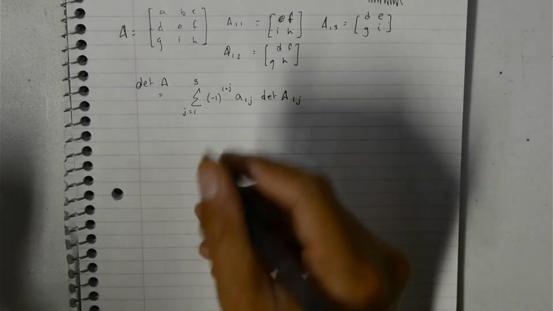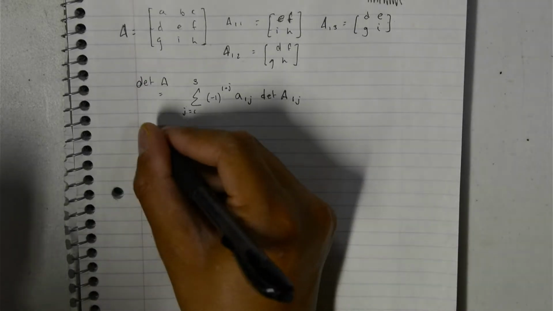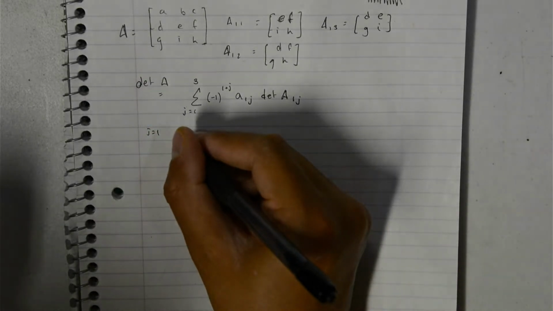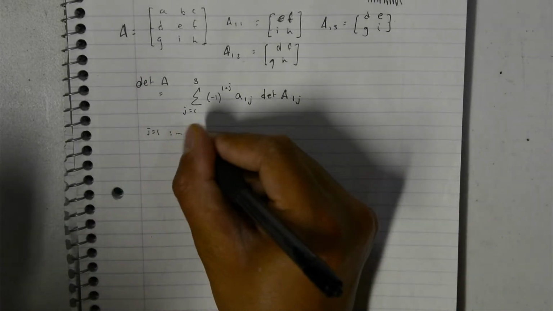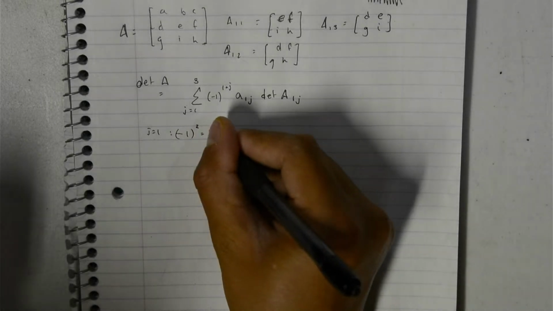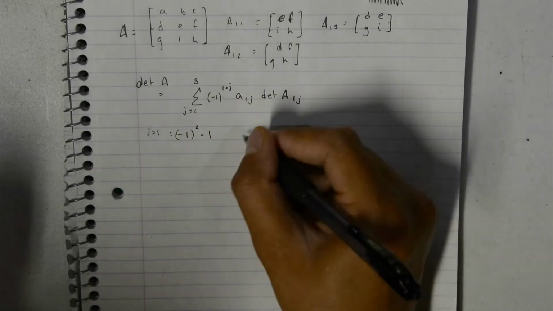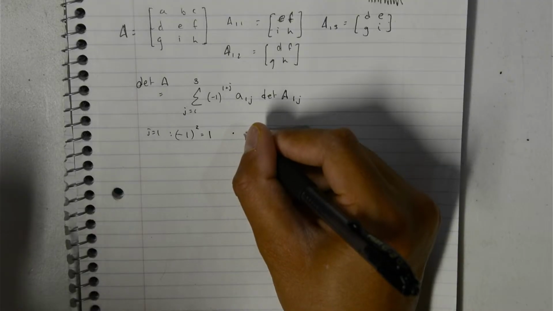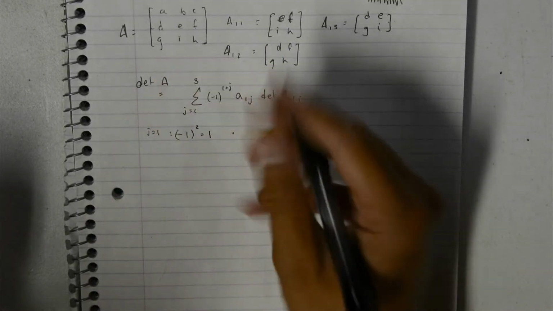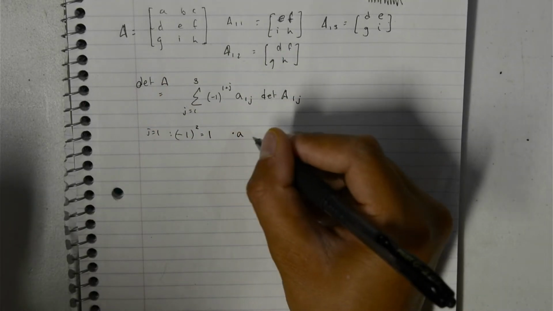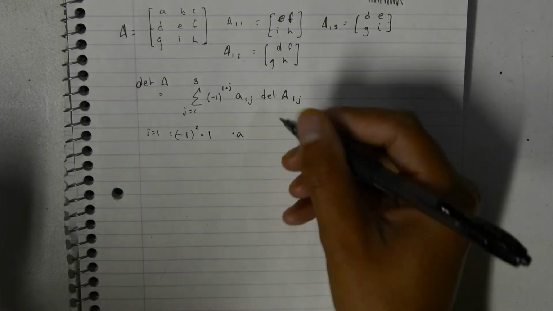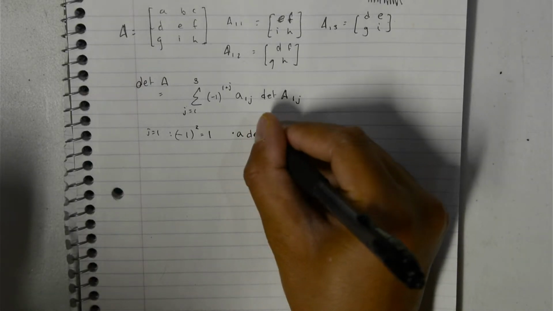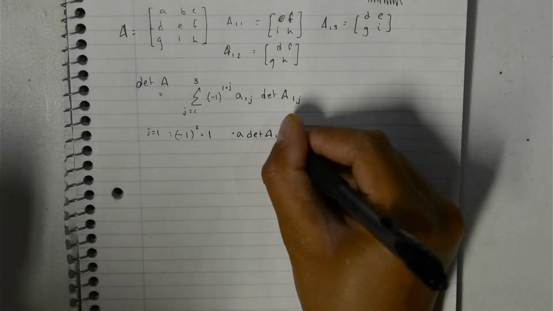Okay, so the first one, j equals 1, then minus 1 to the 2 is 1. All right, so that's a positive, so then we're going to get times a11 times det A11.